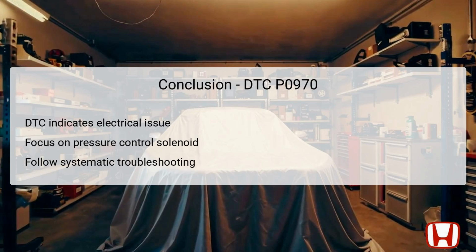By focusing on the integrity of the electrical circuits and functionality of the solenoid, technicians can efficiently narrow down the root cause. Following through each step methodically not only aids in correcting the immediate issue, but also helps prevent future occurrences of related DTCs. Ensuring proper preventive maintenance can significantly enhance your vehicle's longevity and reliability, ultimately contributing to a more enjoyable driving experience.